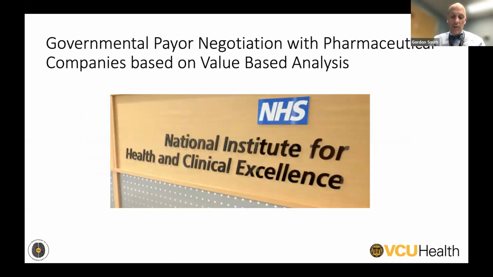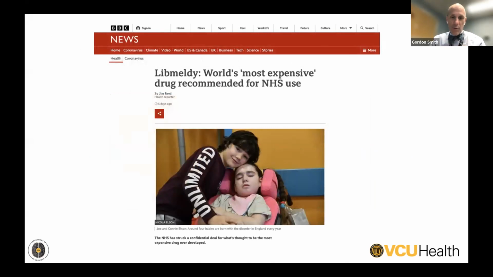And the concept is something that is familiar to other countries. And so NICE, the National Institute for Health and Clinical Excellence in the UK, is responsible for value assessments in the UK, and they actively negotiate. And a great example is the most expensive drug on earth now, I think, Libmeldy, which is for metachromatic leukodystrophy, another neurologic drug.